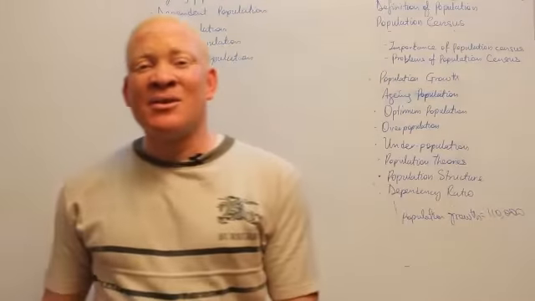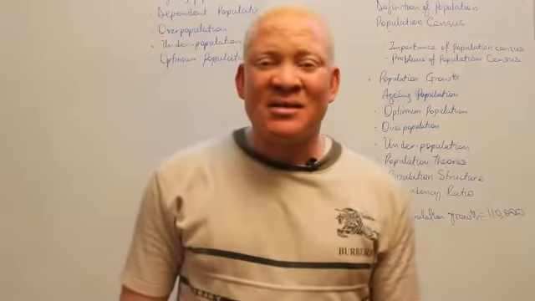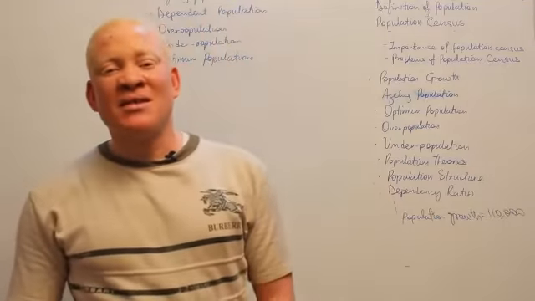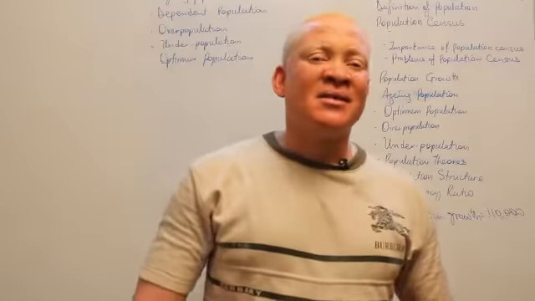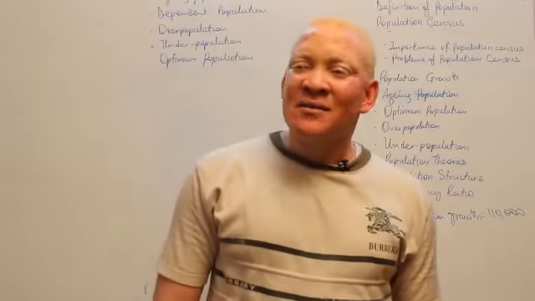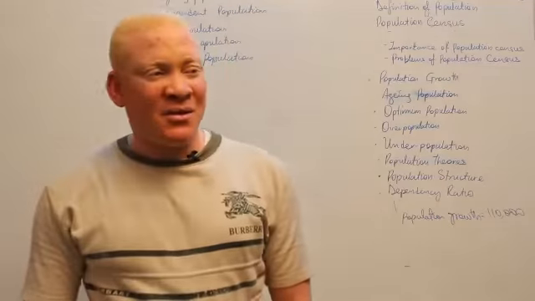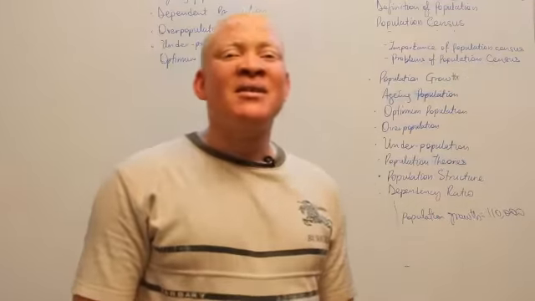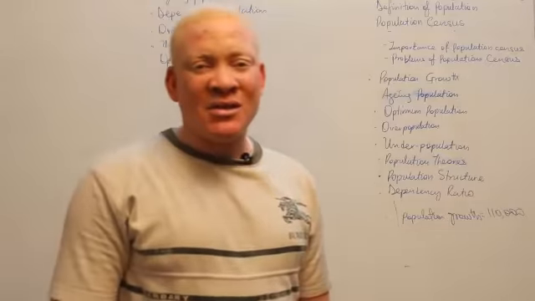That means lesser productivity, yet more dependence. So there will be prevalence of poverty, lower investment, increase in suffering, and so on and so forth. Those are the things making the population less productive.